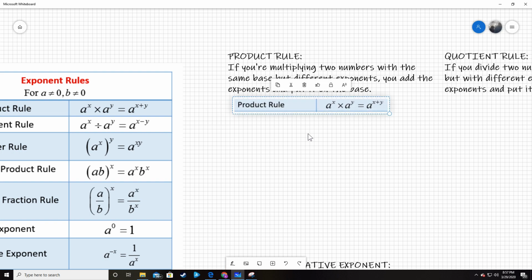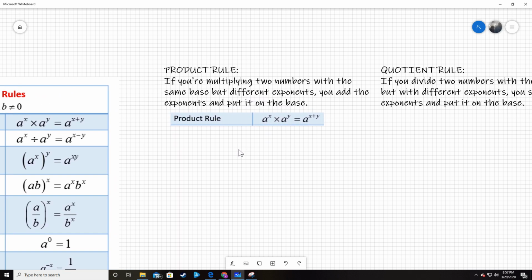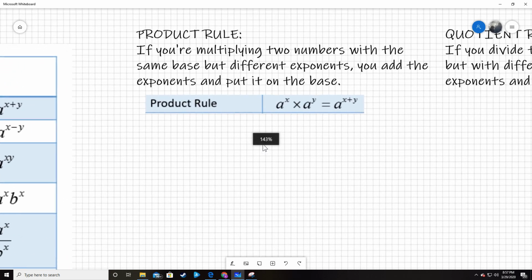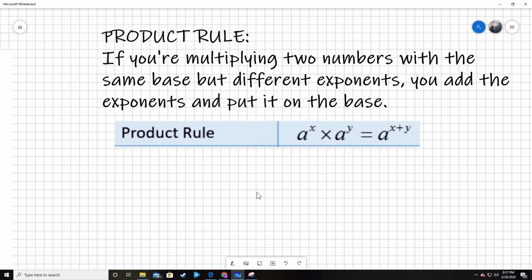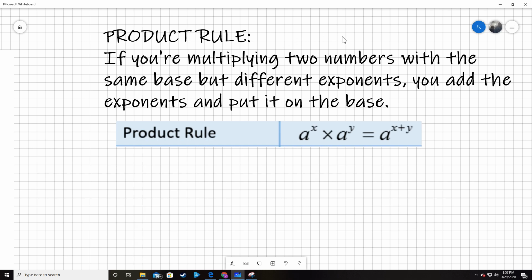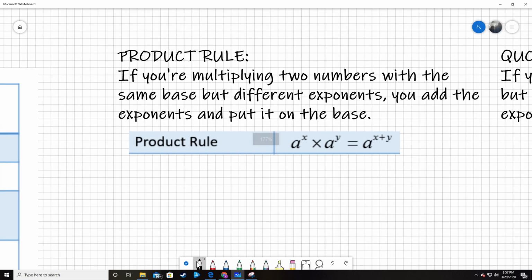Alright, so the product rule in its most basic terms says if you're multiplying two numbers with the same base but different exponents, you add the exponents and put it on the base. Just for our understanding, whenever we have an exponent involved in our number, we have two things.